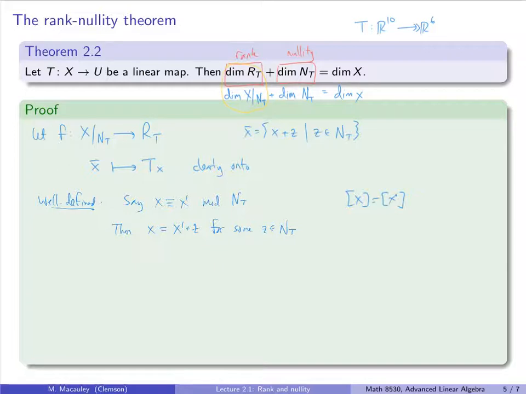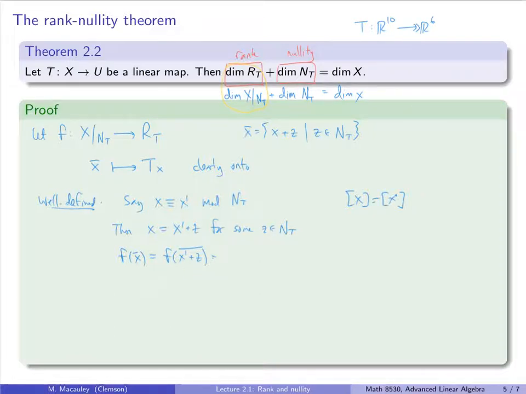Then F of x bar equals F of x prime plus z bar. I have to be careful what my domain is.